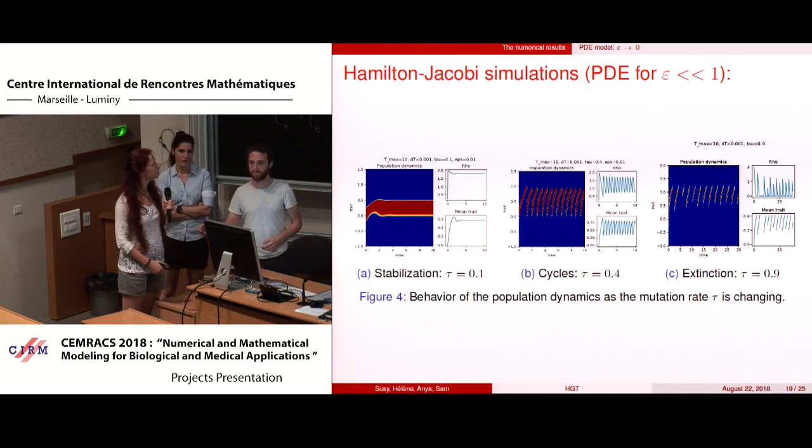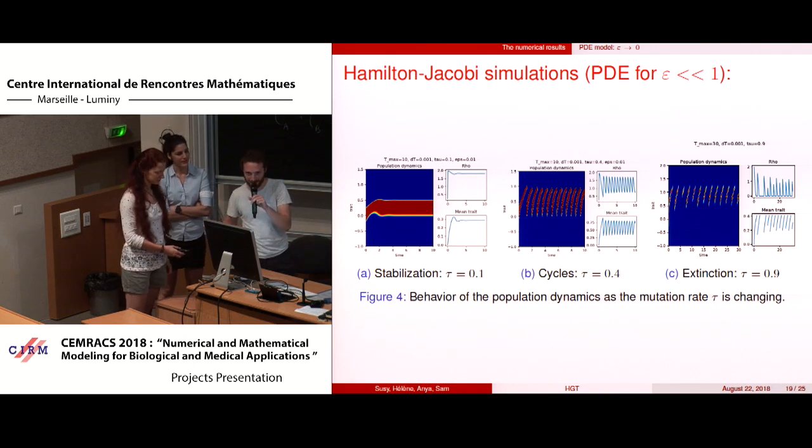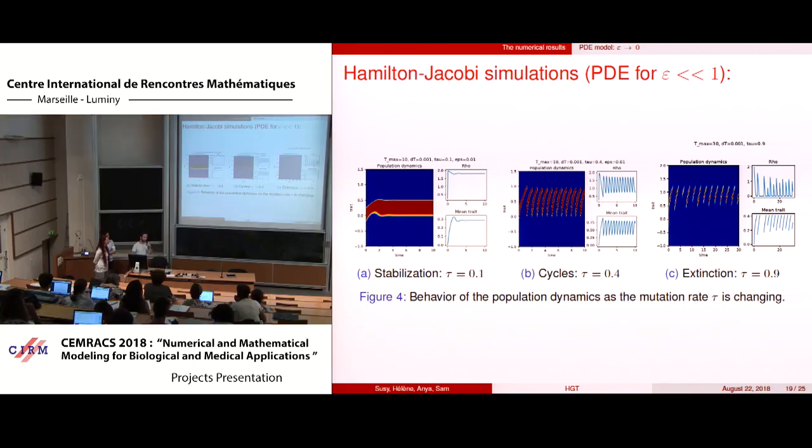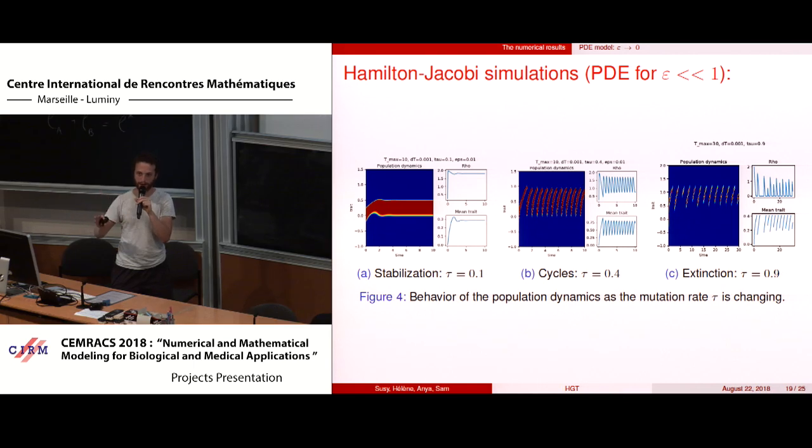Drift. The parameters we chose are such that in the absence of transfer rate, if we discard the transfer rate, the optimal trait is 0. But now you have a transfer rate that pushes the population upward. Focusing on this picture, you see that the mean trait is not 0, it's pushed upwards.